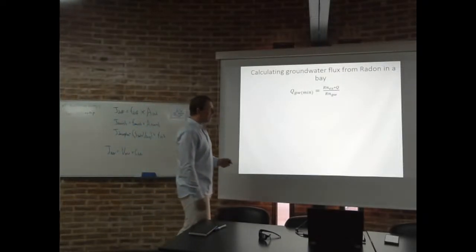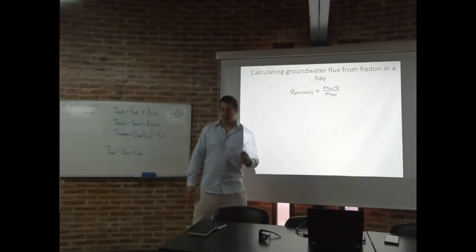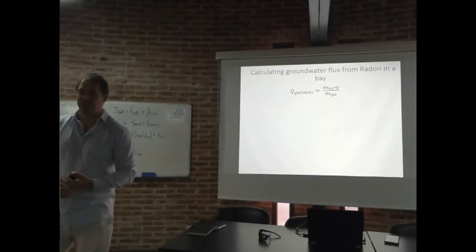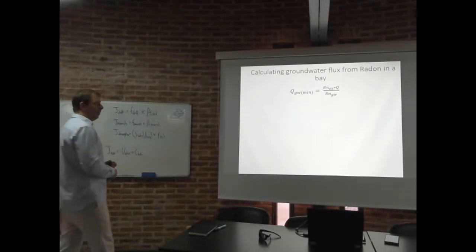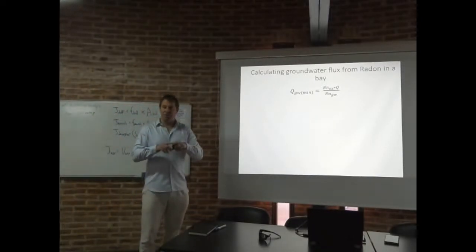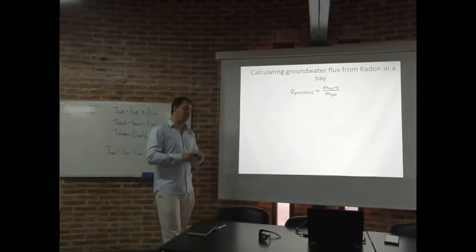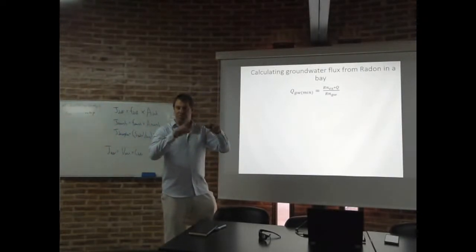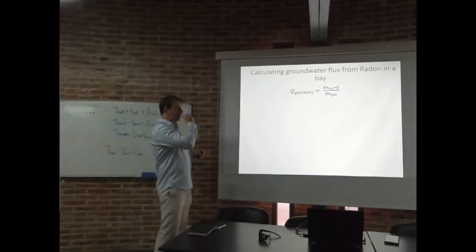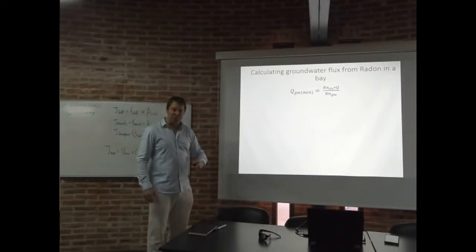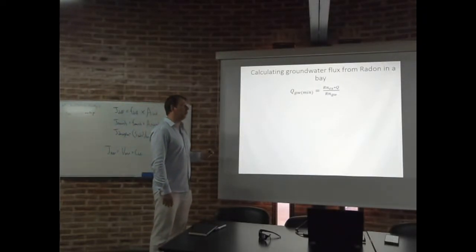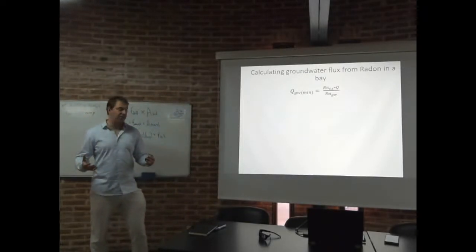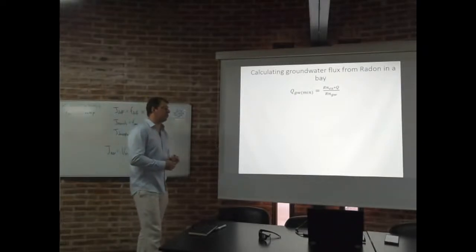So what's the radon excess in the water? The radon excess is what you measured from radon in the bay minus 226 radium, which is also being measured in your radon detector, so you can just use the program to remove the radium 226 from the value of radon in the calculation that you see on your screen.